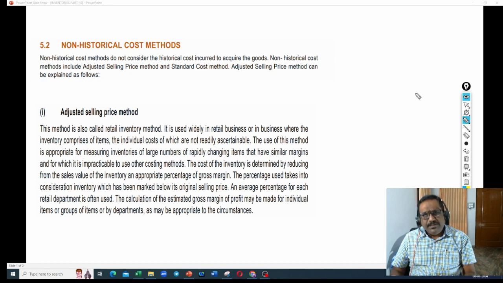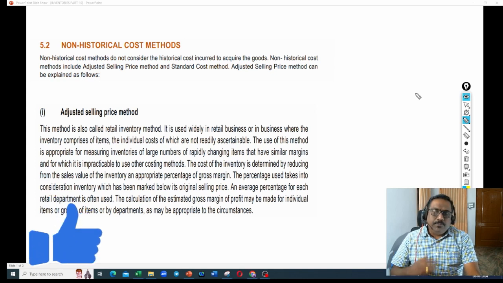How many products will be there? A huge number of products. Is it practically possible for us to identify the historic cost of each and every product? Practically not possible. That is the reason why these non-historical cost methods are applicable for those kinds of business units.